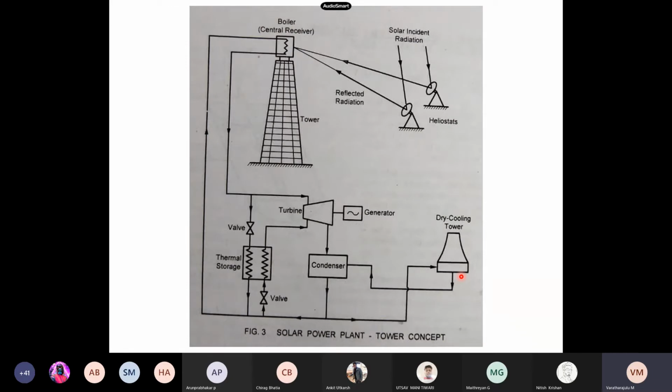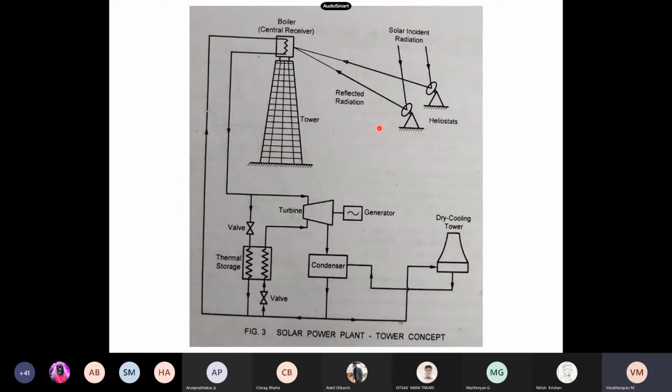And this was the solar power plant in the tower concept. See, this figure shows the layout of the solar power plant using the tower concept. In this, a large field of reflecting mirrors called heliostats is used. Helio is Greek for sun.